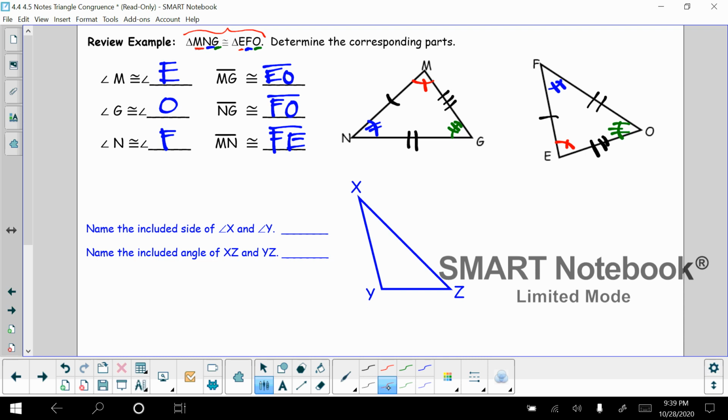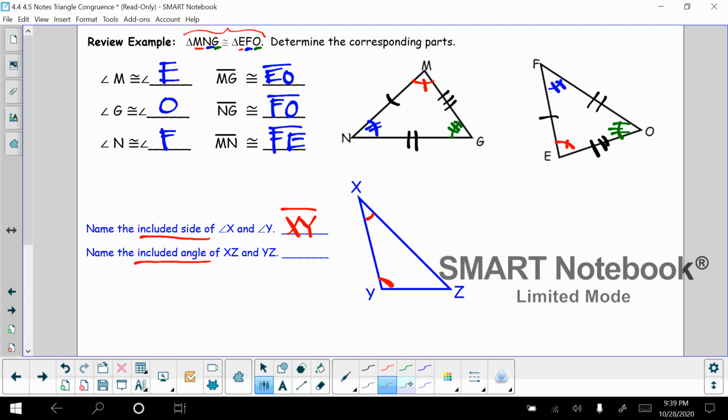Some other terminology that you need to know are the words included side and included angle. That's another way to say the angle or the side in between. If we're looking at the included side of angle X and angle Y, here's angle X and here's angle Y, the included side would be the one between those two angles, which is pretty simple, XY.